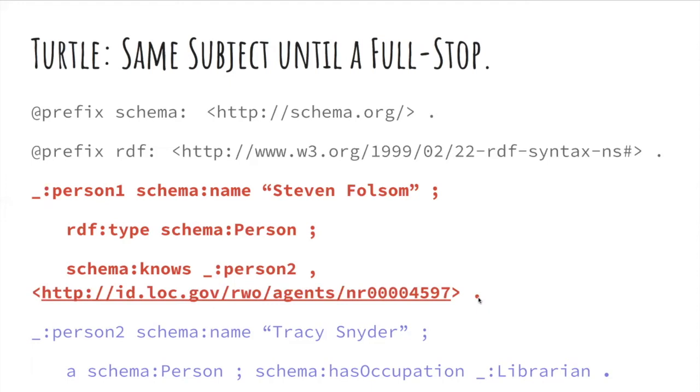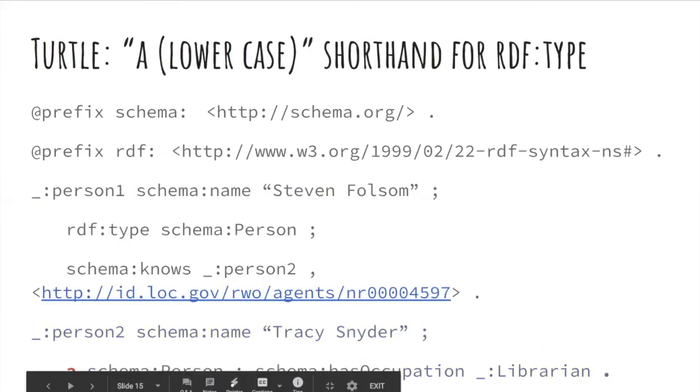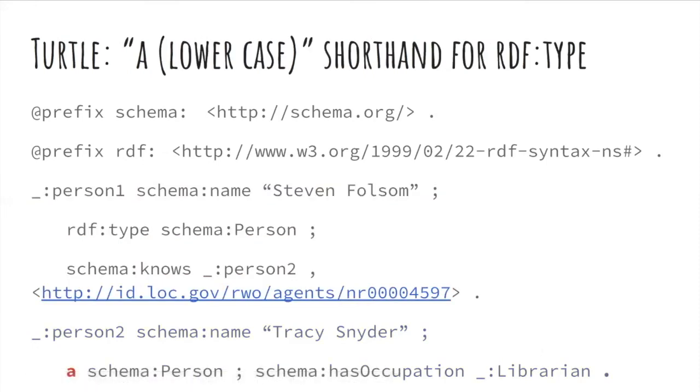And that then allows us to change our subject to something else. So we have a new subject here. The name is Tracy Snyder, a colleague of mine here at Cornell, and they are a person and have an occupation of librarian.